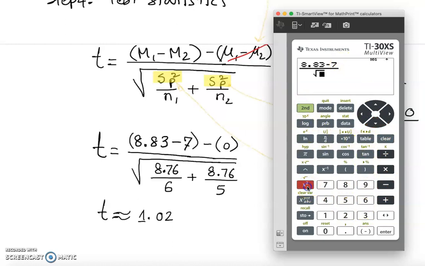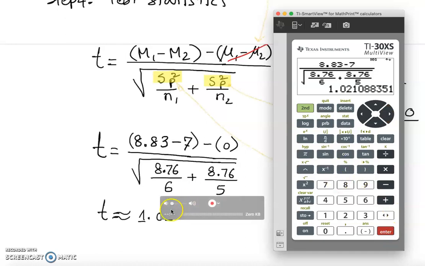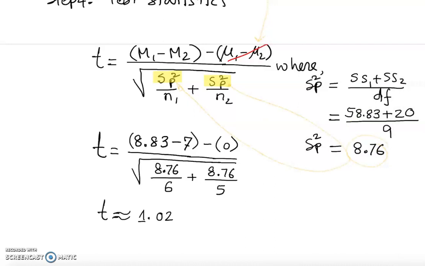Second x squared, big square root, and then you use this n over d to give you a fraction, 8.76 over 6, go to the right, plus the same thing, 8.76, go down, type 5, enter. Look, exactly the same thing I have, 1.02. That's my test statistic.